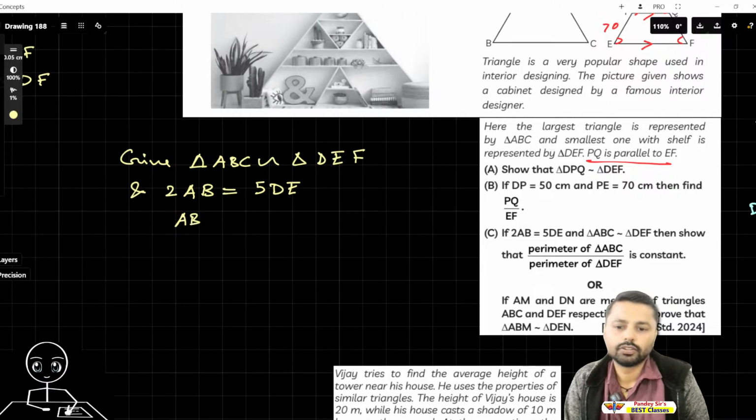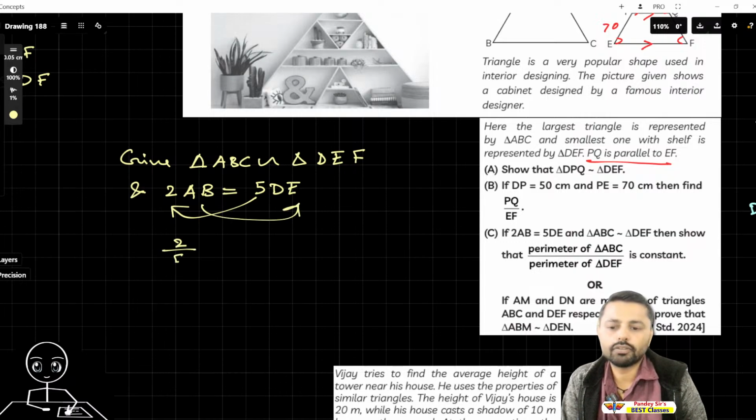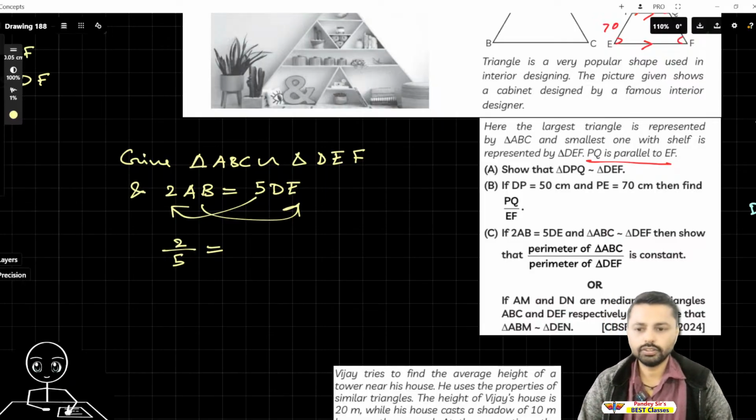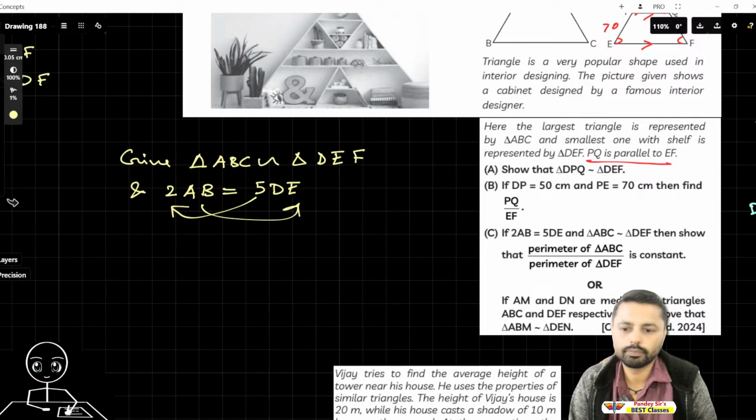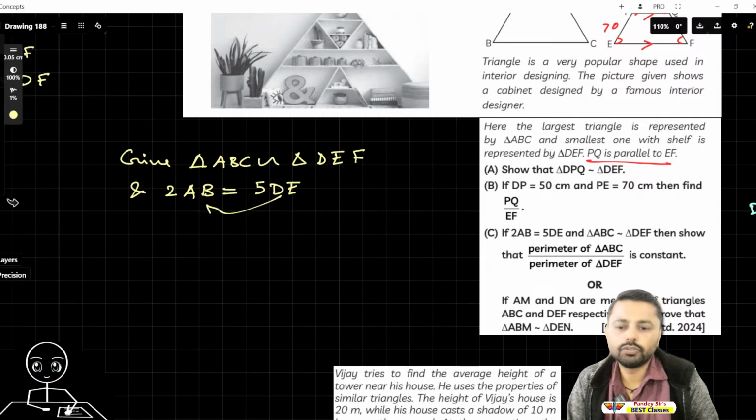AB by DE will be equal to, no. Let's move this to this side, 5 this side and AB this side. So 2 by 5 equal to AB by DE, so we need AB up. Okay. Let's move DE this side and 2 to that side.